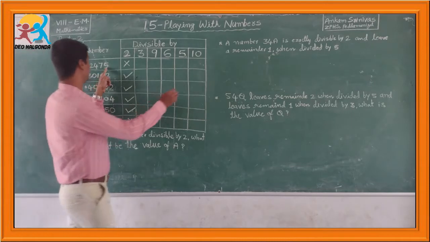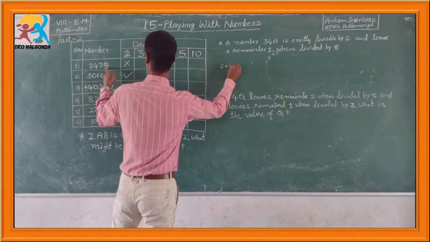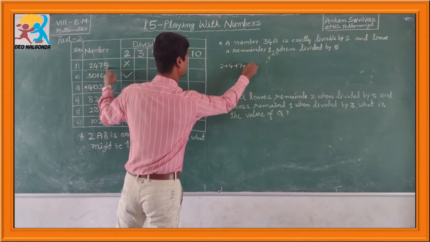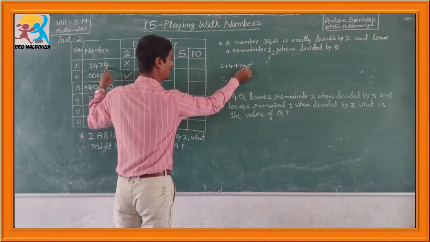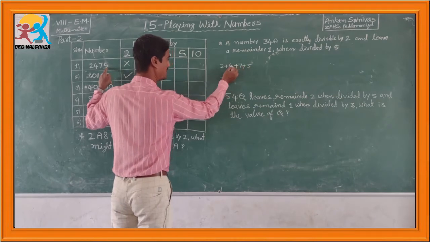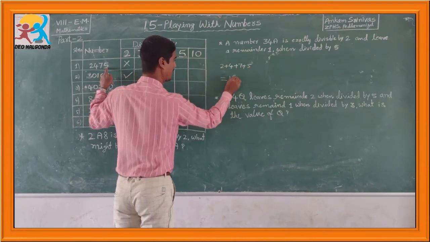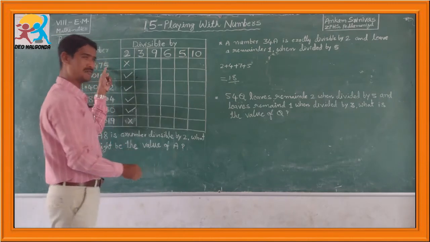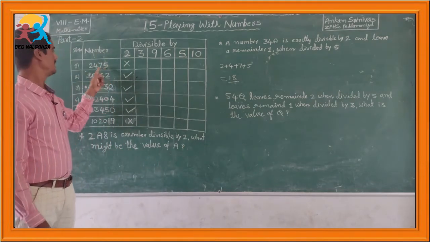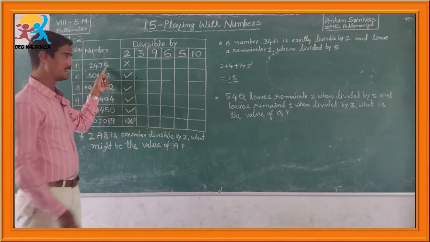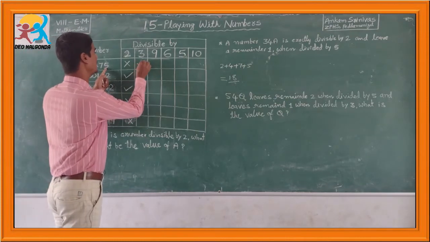So 18, 2 plus 4 plus 7 plus 5. 18 comes in the 3 table. 3 sixes are 18. So this number is divisible by 3.